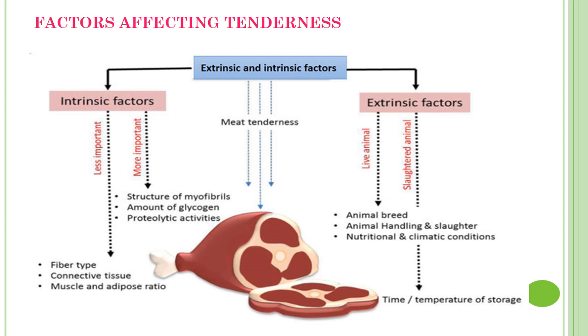Then there are extrinsic factors on the right side, where first is the live animal, which covers animal breed, animal handling and slaughter, and nutrition and climatic conditions. We can say these are pre-slaughter factors. And then there are factors related to slaughter, like time, temperature, handling during the slaughter, etc.